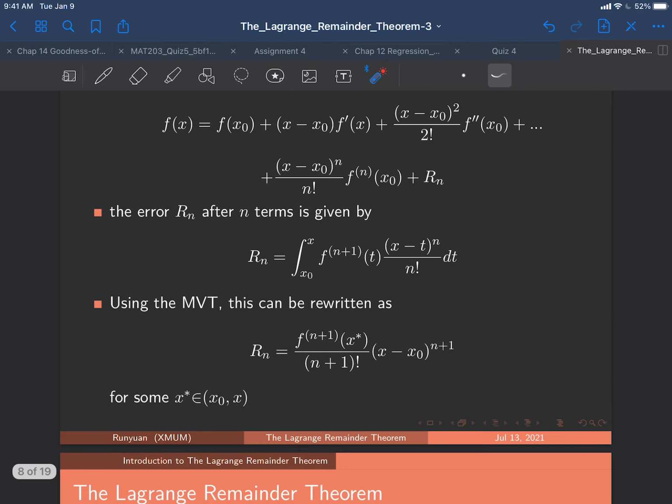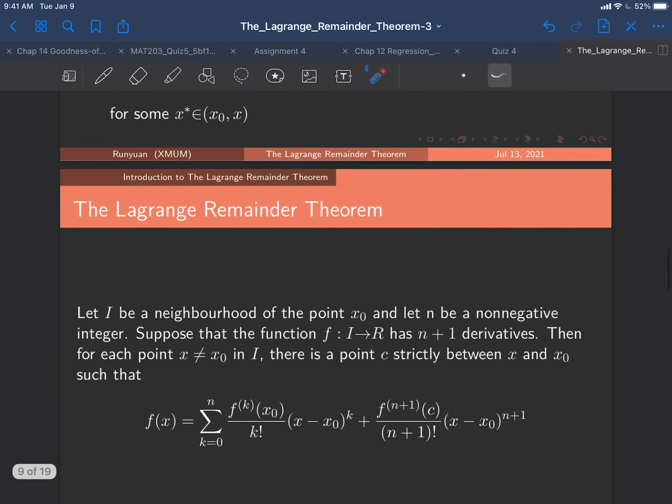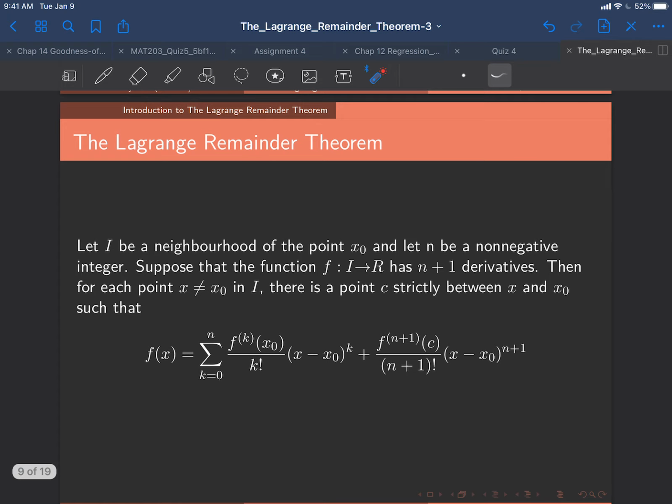And lastly, we'll use the Cauchy mean value theorem, and this can be written as the error equal to the (n+1)th derivative of f at x star, where x star is in the interval from x0 to x, divided by (n+1) factorial, times (x minus x0) to the power n plus 1. And this is the Lagrange theorem.